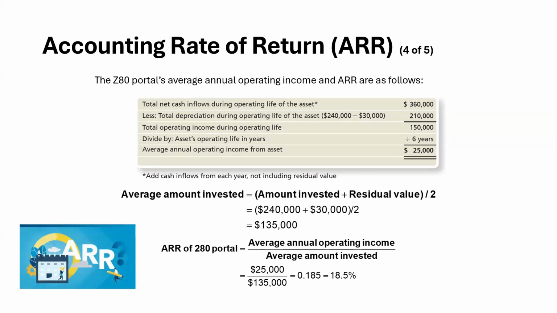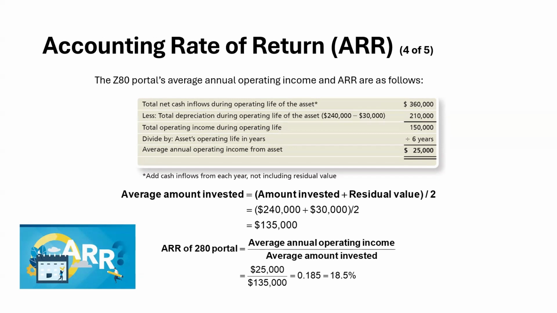Now we're going to look at the Z80 portal. The Z80 portal differs from the business-to-business portal in 2 main aspects. One, it has unequal net cash inflows during its life, and two, it has a $30,000 residual value at the end of its life.